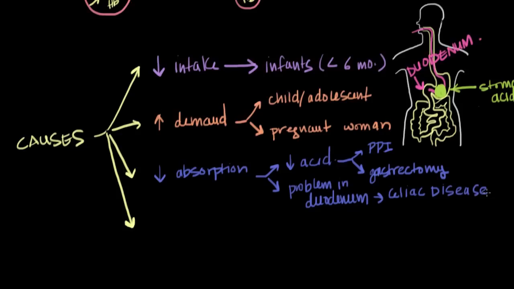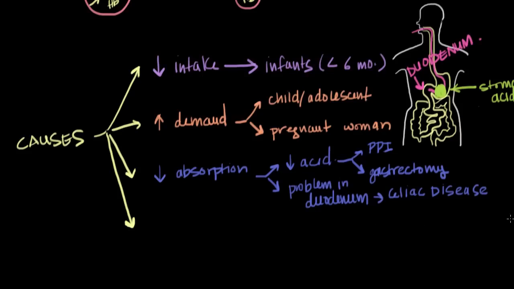And when patients with celiac disease encounter gluten in their diet, it leads to an inflammation and a destruction of the cells in the duodenum, so that the duodenum doesn't do as good of a job of absorbing nutrients, including iron. And so that's how patients with celiac disease end up with iron malabsorption or decreased absorption.